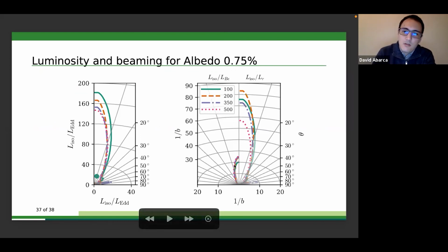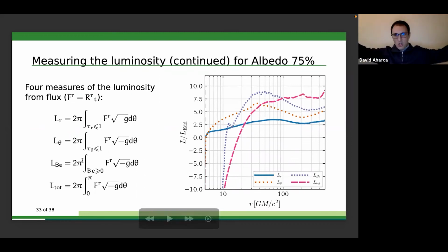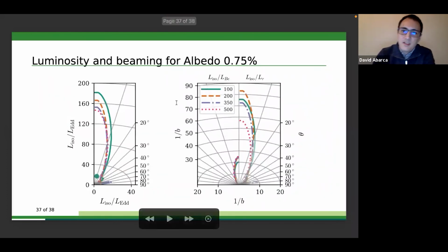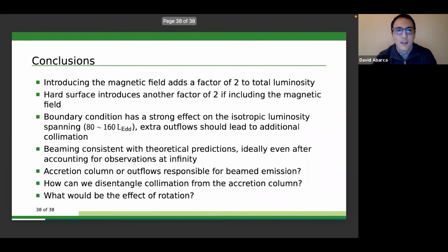You can get much lower values if you use this LBE, including all of the radiation, because then you're allowing radiation over a much larger solid angle. But even if you choose the widest possible solid angle, you still get a lot of beaming.